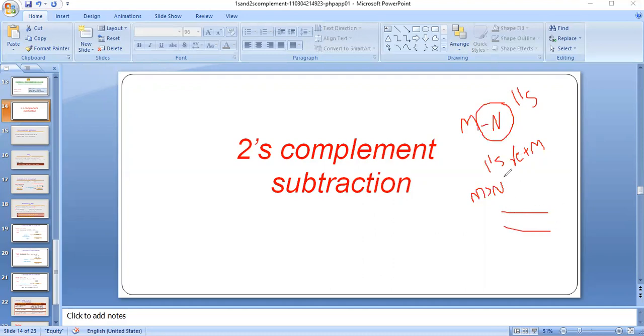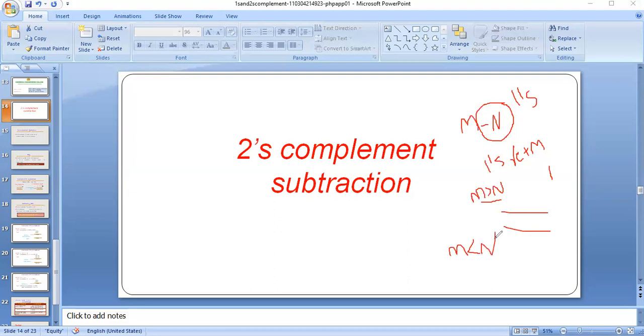So if there is an end carry, that is the m greater than n condition, and we add that end carry to the LSB to get the result. If there is no end carry, that is the m less than n condition.